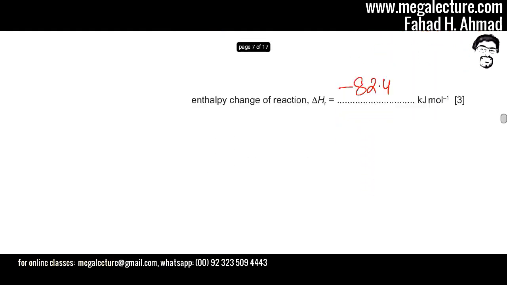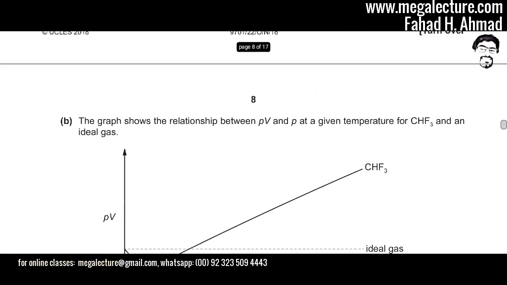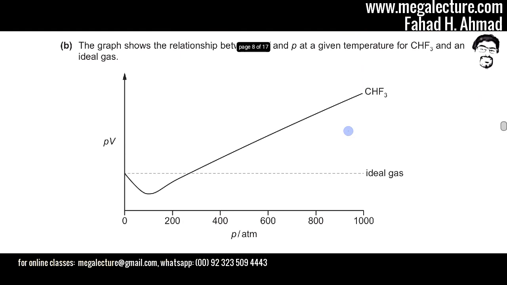Now let's move to the next part of the question, which is that the graph shows the relationship between PV and P at a given temperature for CHF3 and an ideal gas. This is a very typical PV versus pressure graph, and for an ideal gas, this PV is a constant because PV is equal to nRT.